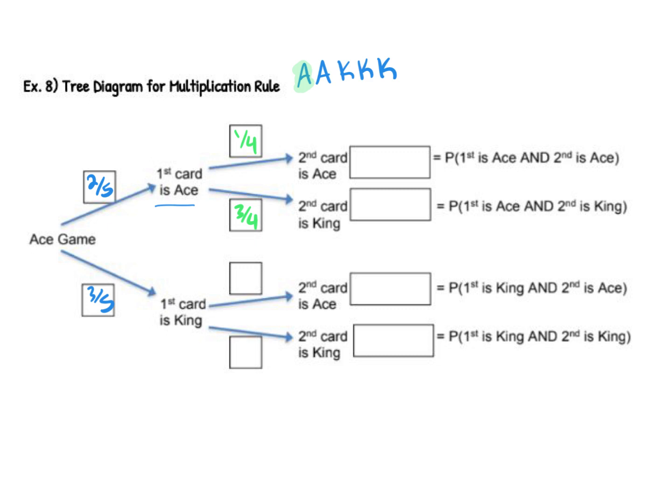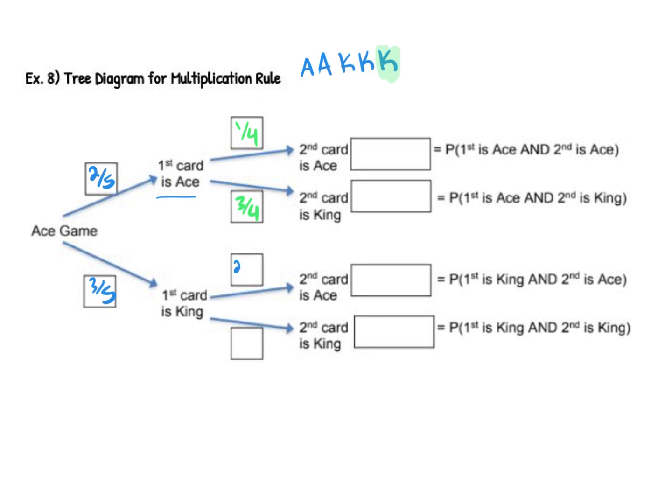Then if you play where you got the king first, you have 4 cards left over, 2 of them being an ace and 2 of them being a king. So the probability that the second card is an ace is 2 out of 4. And the probability of the second card a king is also 2 out of 4. To find the probability that first card is an ace and second card is an ace, we multiply those probabilities. So 2/5 times 1/4 would give us 2/20 or 1/10, 10%.